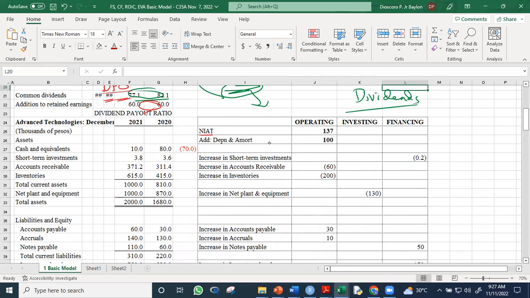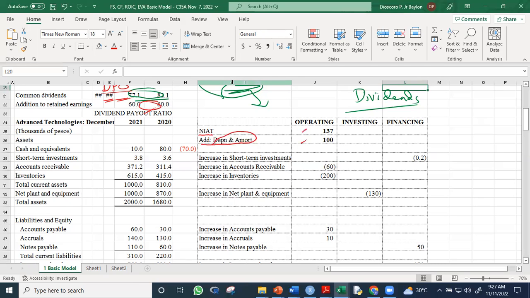So that's why we had to add back any non-cash expense, which is depreciation and amortization. We took cognizance of this, and then we went through the accounts in the balance sheet.